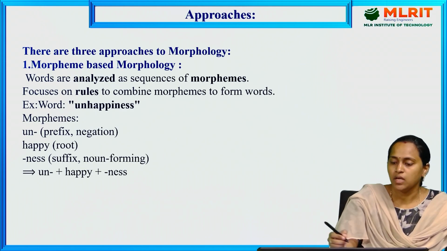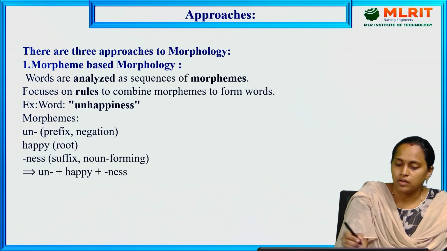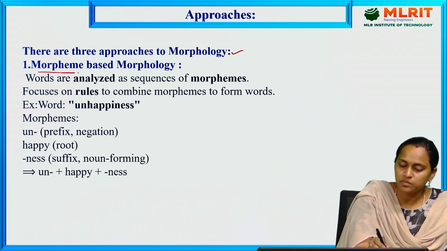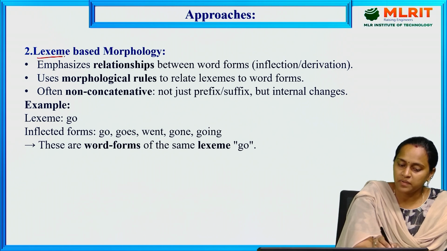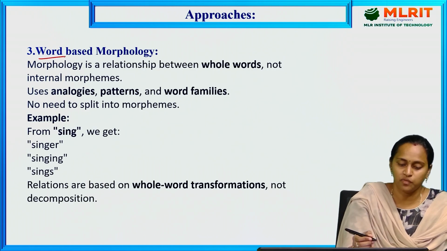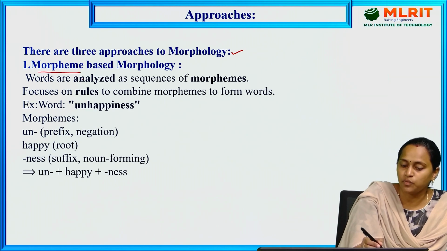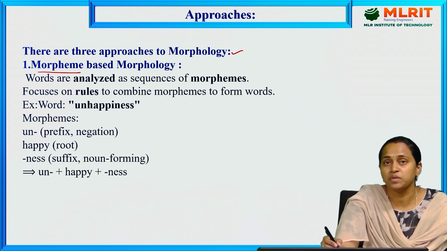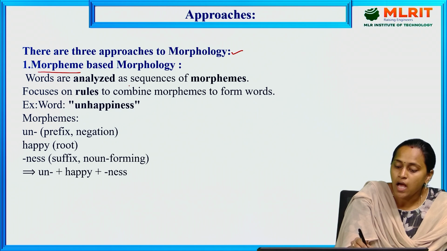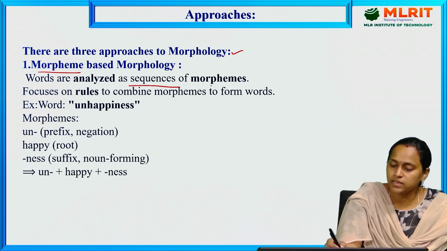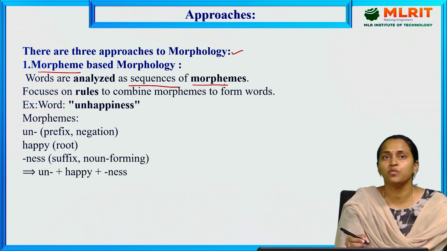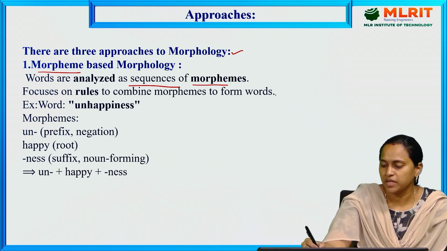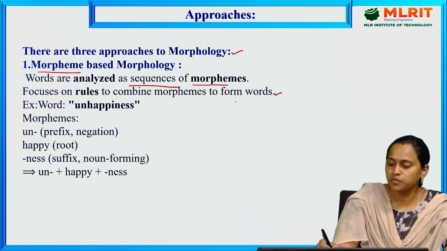Next, approaches. We approach morphology in three ways: morpheme-based morphology, lexeme-based morphology and word-based morphology. First one, morpheme-based morphology means we are dividing the word into smaller units. Words are analyzed as a sequence of morphemes. Here we focus on the rules for combining morphemes to form words.